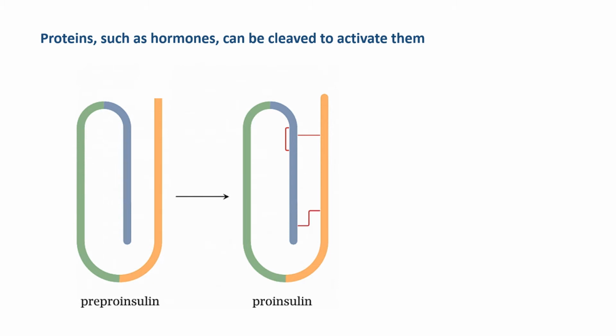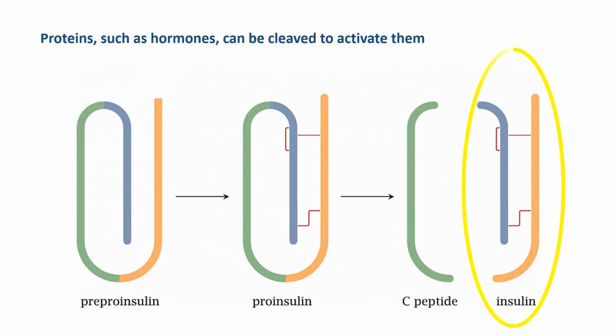Once that's cleaved off, we get something called proinsulin. We've still not got active insulin. So at a later stage, we get this midpoint, proinsulin. We then cut that completely in half. When we cut it in half, we end up with this C-peptide chain, but we also end up with active insulin.